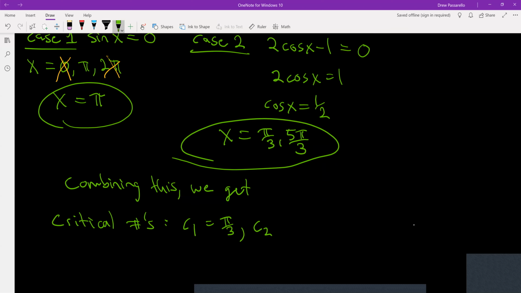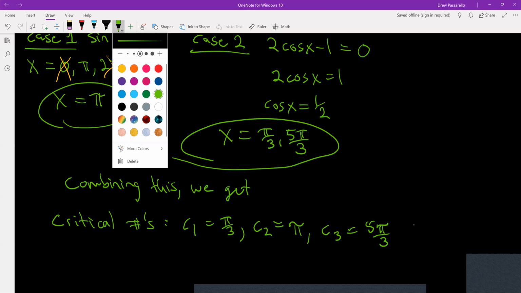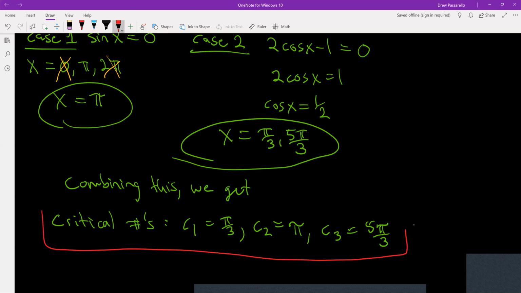And then C2 is going to be the next one in ascending order, so it would be pi. And then C3 is 5 pi over 3. So those are the three critical numbers. Okay, so that's going to be the answer.